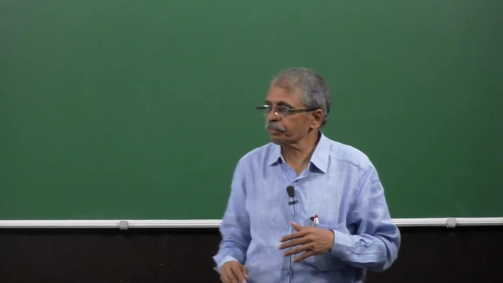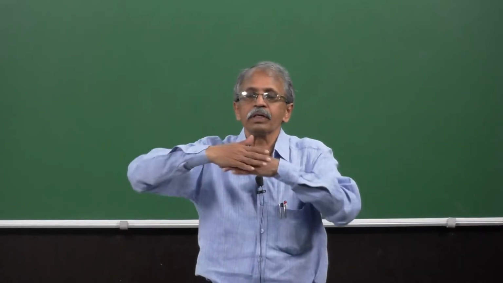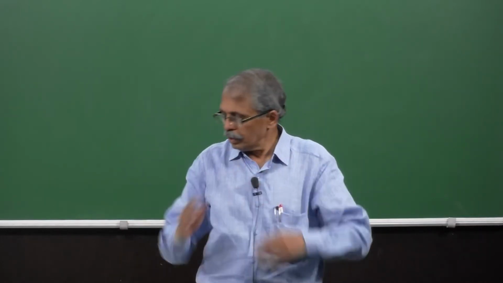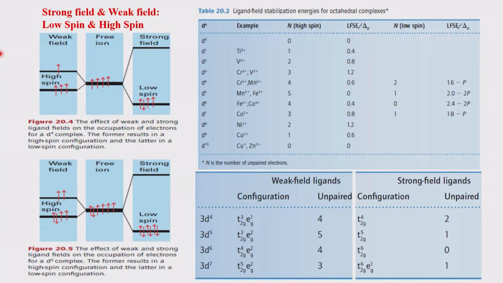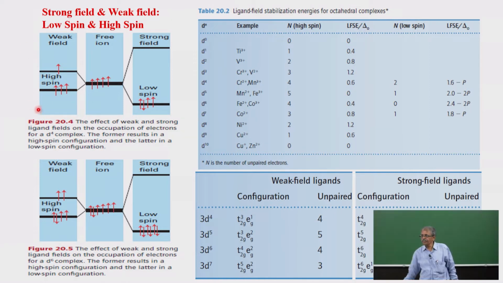Unpaired spins are very important. That is dependent upon to what level the crystal field is splitting. So, please look at the slide. If you have a weak field, then the ground to excited state difference, which is the crystal field splitting, is smaller. If you have a strong field, the crystal field splitting is larger.